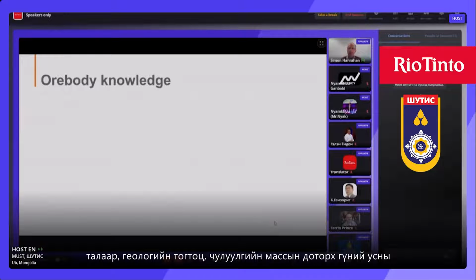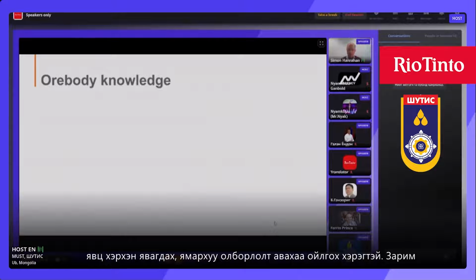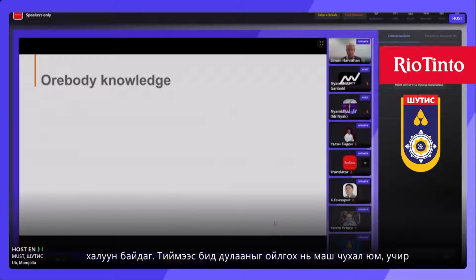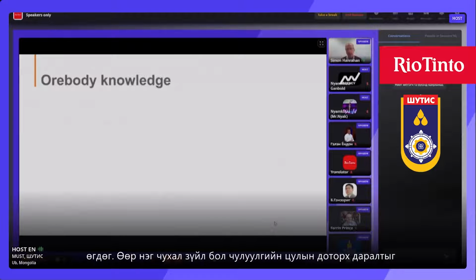So things that are really important to understand for ore body knowledge is the geology, the geotechnical things, which I'll explain a little bit more in a moment, structural geology, water, how much groundwater is within the rock mass, geometallurgy, so understanding the metallurgy, because we need to understand how the processing is going to go and what sort of recoveries we are going to get.